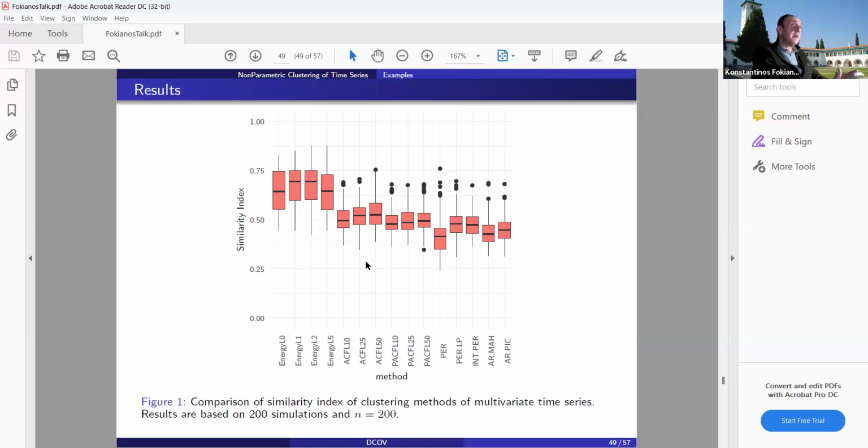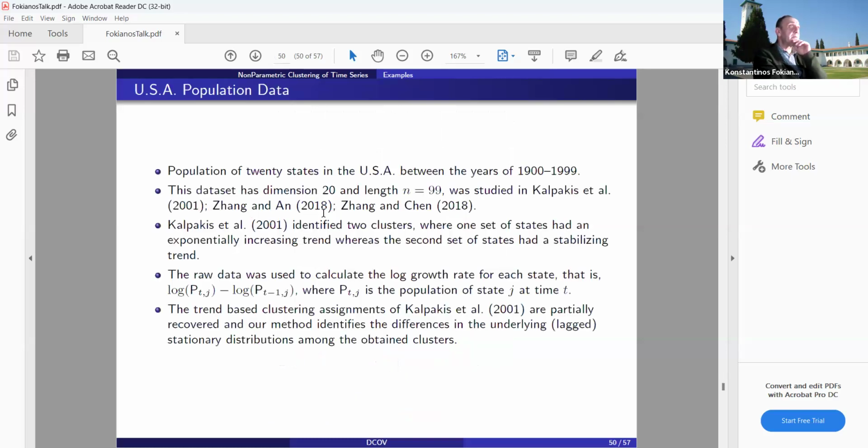So at least we have some evidence that we can go on. Of course, the autocorrelation function, the partial autocorrelation function, and the periodogram will do well in this case, but I think with this distance covariance, we'll identify it better.